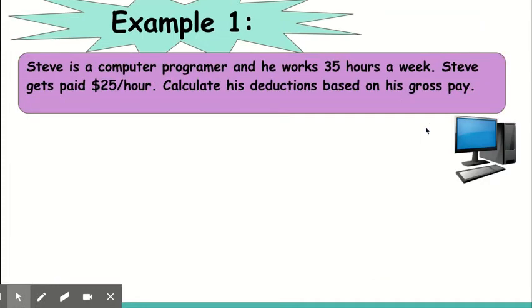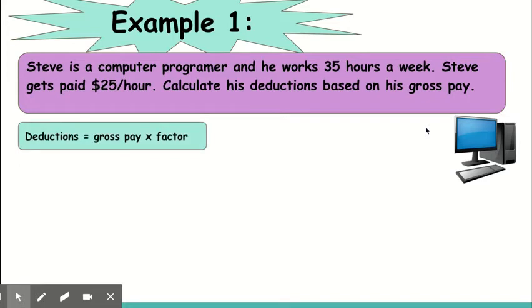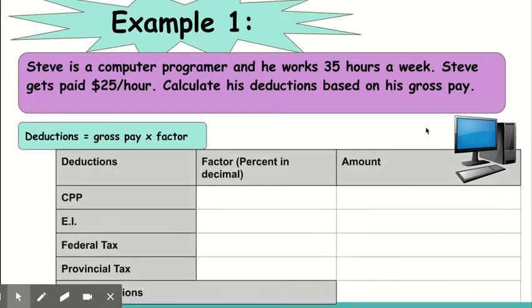Okay, so now same example, but we're going to calculate his deductions based on his gross pay. So deductions equals your gross pay times the factor. What the factor is, is the percent that I gave you on the other page, the 5.25, the 1.58, we're going to change that to decimal. Remember how to change a percent to a decimal, we divide it by 100.